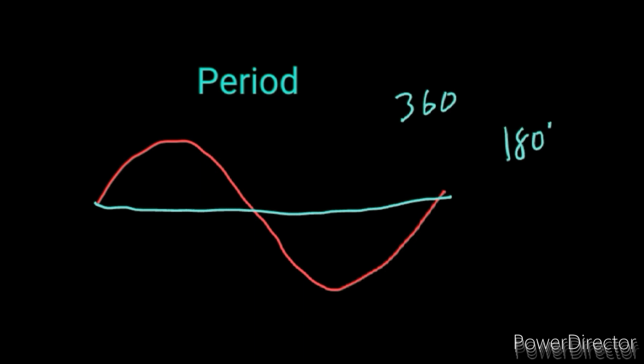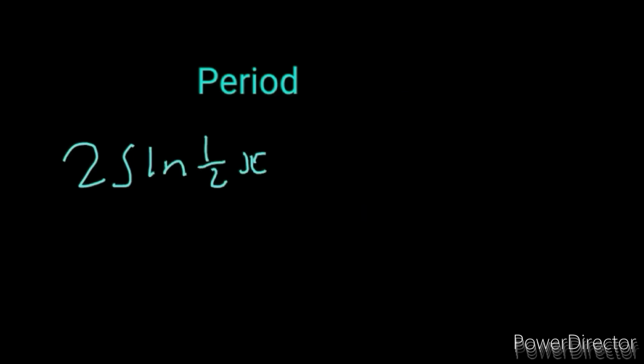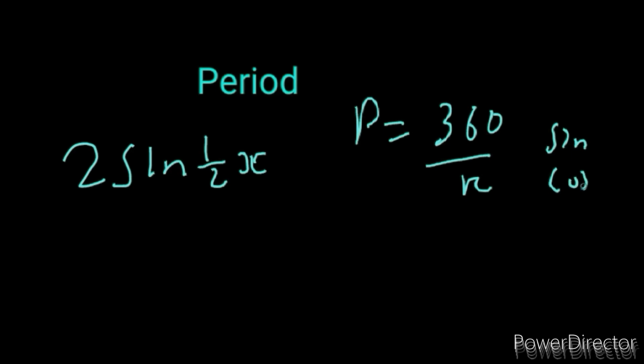We'll talk about the tan graph in a moment. So whenever you want to find the period of a graph, let's just say you are given this equation and you want to find the period of the graph. The period of a graph is always equal to 360 over k for the sine graph and for the cos graph. We will talk about the tan graph in a moment.